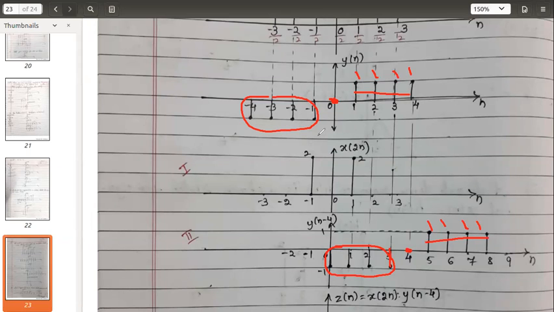So you can see we started with minus 4. We shifted by 4 amounts and reached 0. Mark that 0. All samples are at minus 1, so draw minus 1, minus 1, minus 1, minus 1, 4 values.